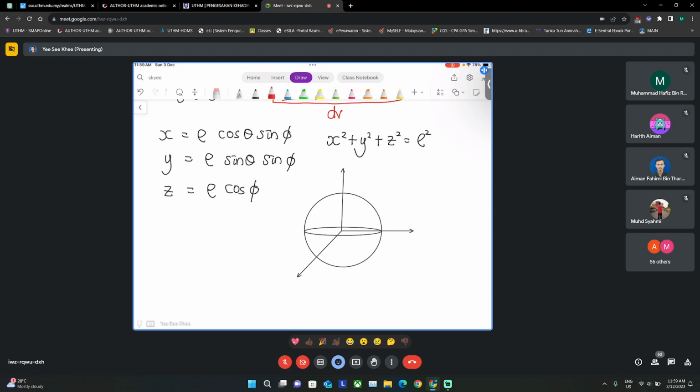Rho will be the radius, this is the radius, rho. And phi will be the angle from the z-axis.